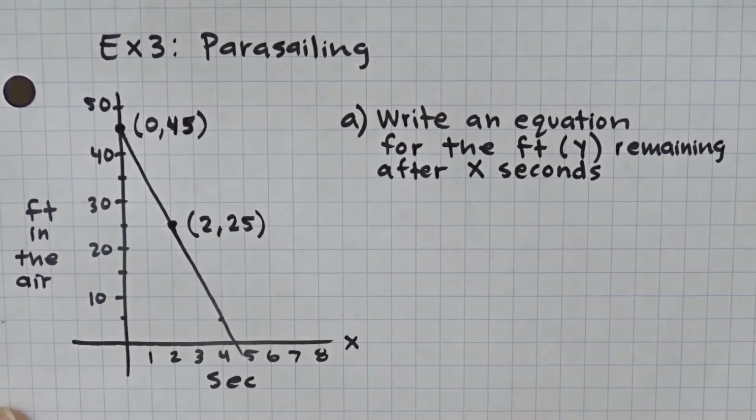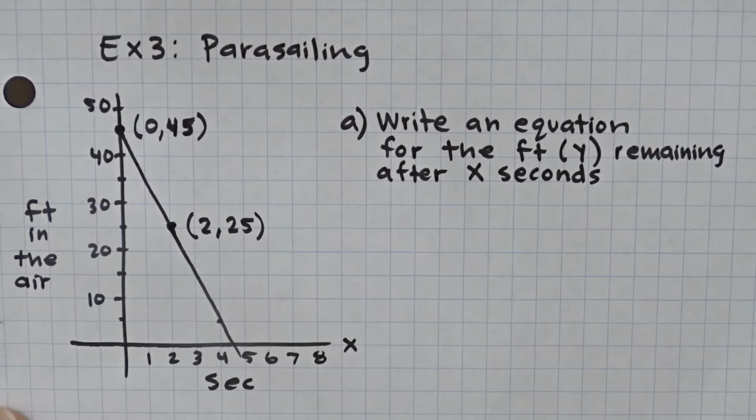We want an equation that shows you the amount of feet that are left, or obviously you're coming down after x seconds.